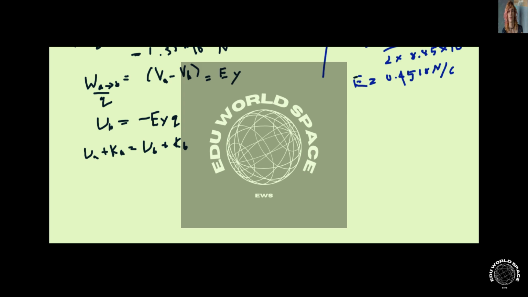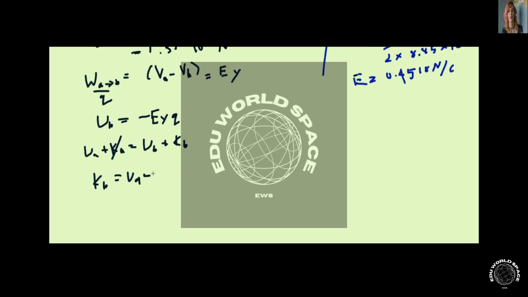So we know that the kinetic energy at the start is equal to 0 because it starts at rest. So there is no Ka in this scenario. So if we solve for Kb by moving the potential energy at point B to the other side, we can get that UA minus UB is equal to the kinetic energy at point B.